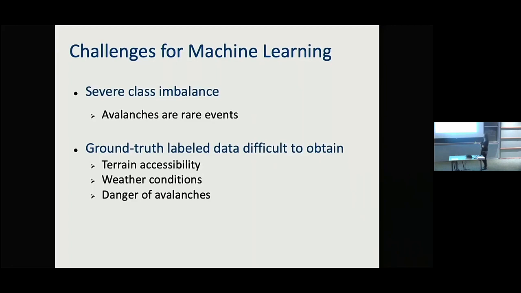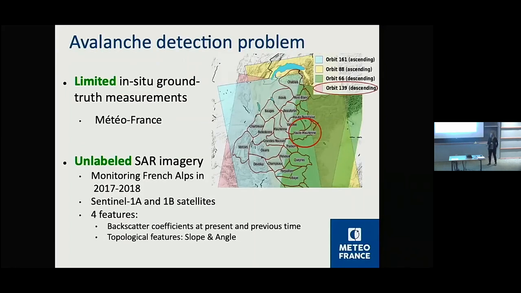Our labeled data is literally ground truth. It's collected on the ground by humans trekking into certain avalanche corridors in France. That ground survey was from Météo France, our collaborators. And then we had as much synthetic aperture radar data from Sentinel missions as we wanted. And we didn't have any in-between product.